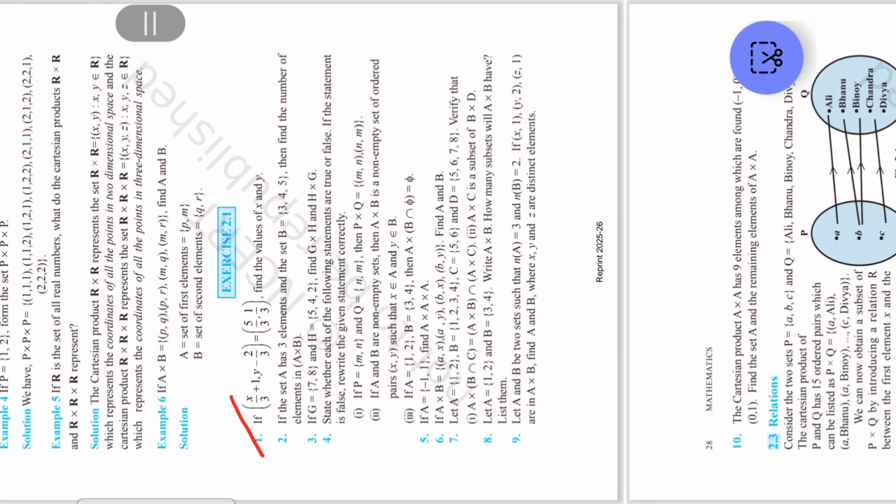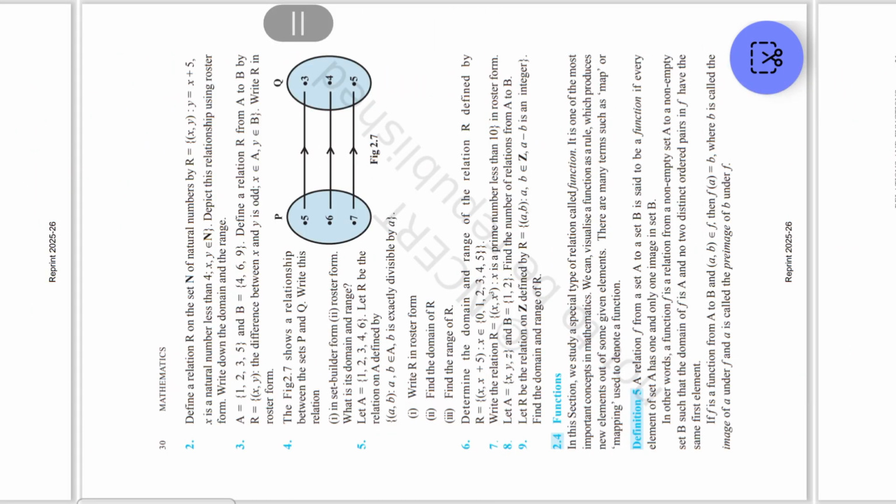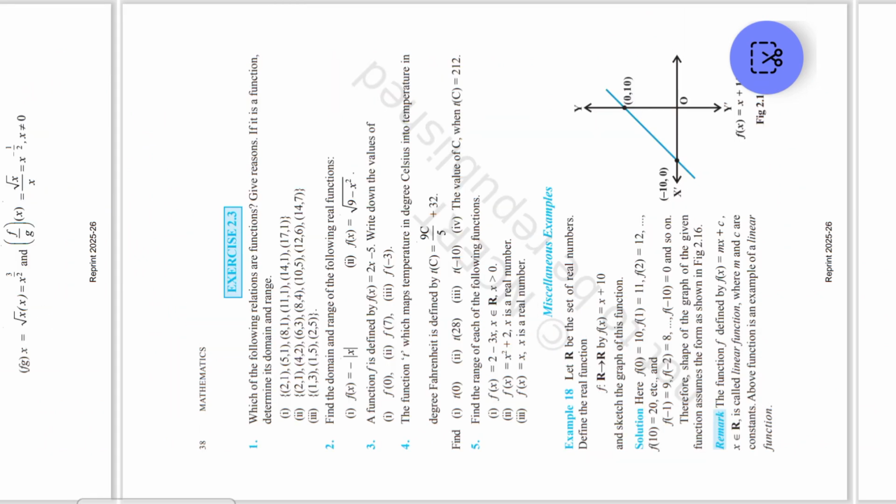Find x and y, find a and b values, like that: the first question, third question, fourth question, second question. These are all problems for 2 marks. And these are the questions for 3 marks.